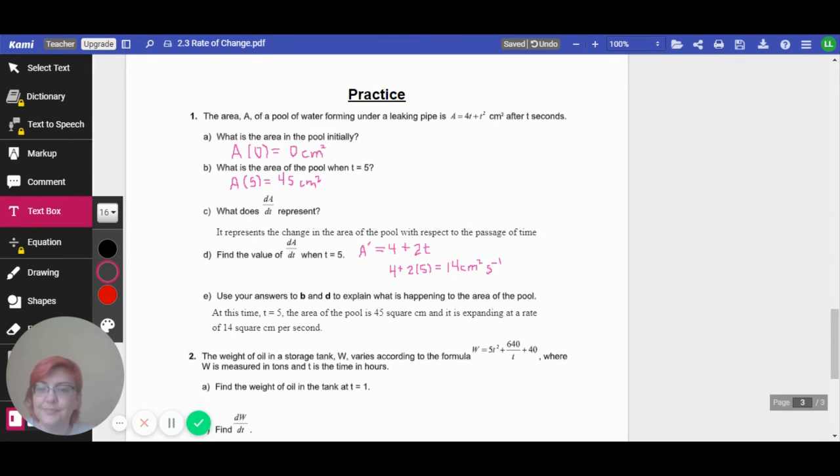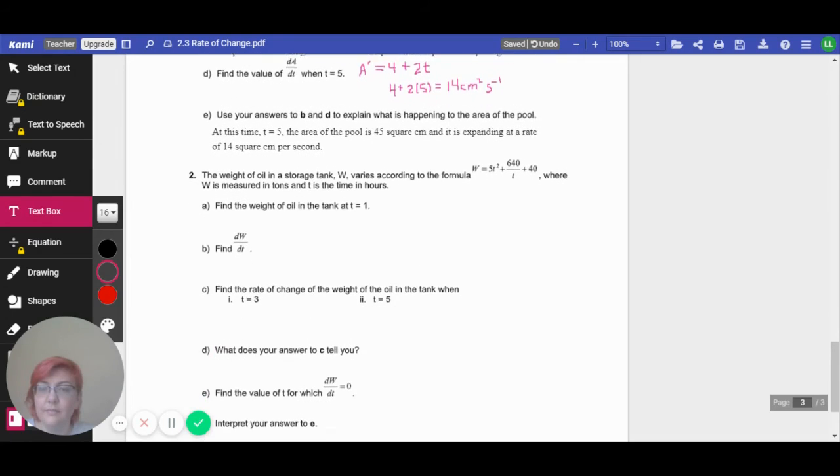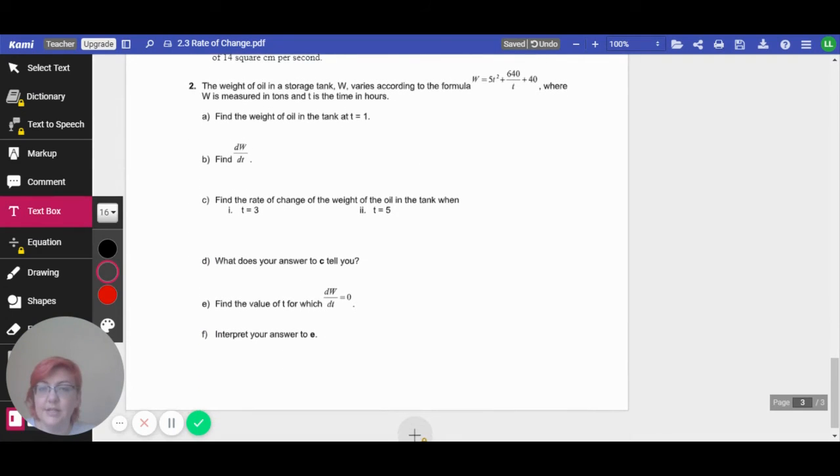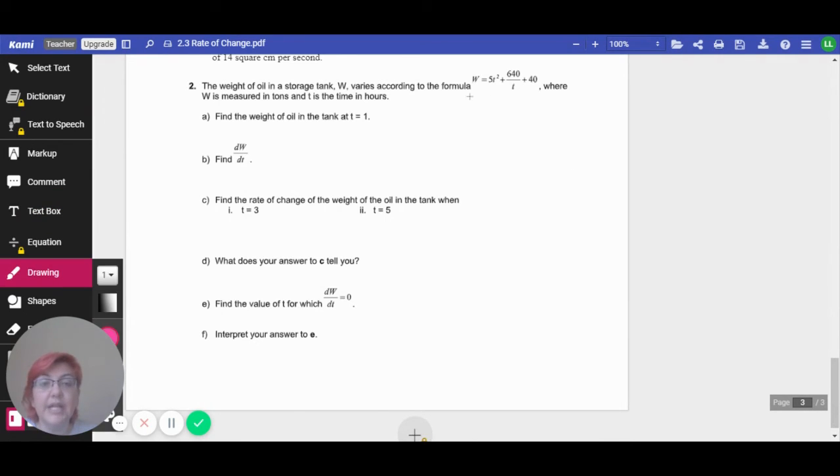All right. Next, the weight of oil in a storage tank W varies according to the formula W equals 5t squared plus 640 over t plus 40, where W is measured in tons and t is time in hours. Before I do anything, I'm rewriting this.